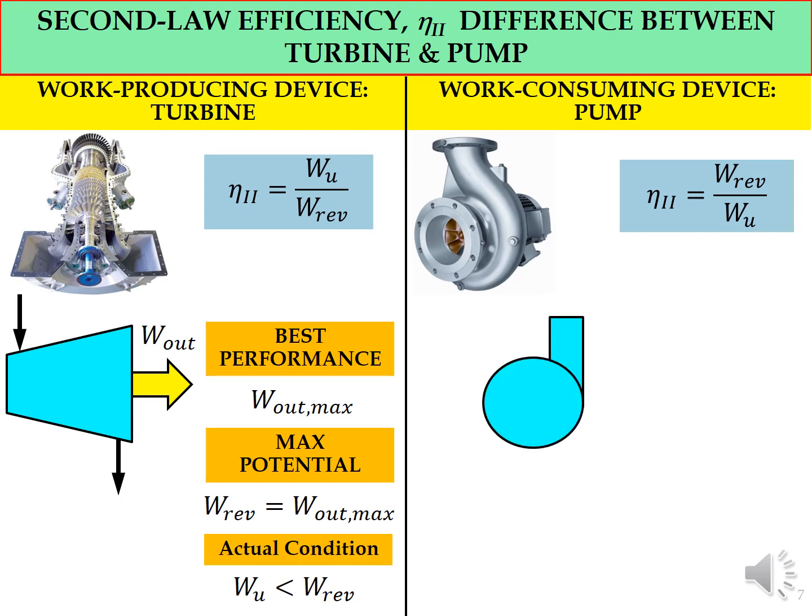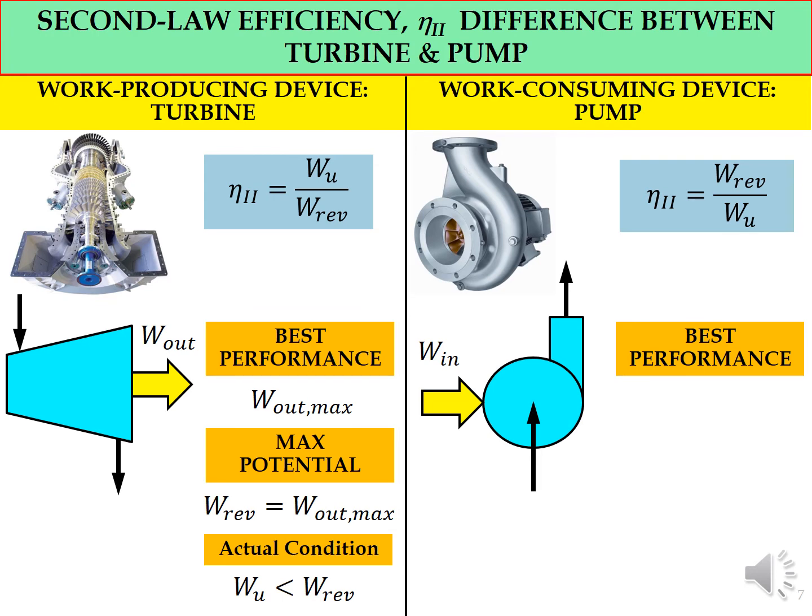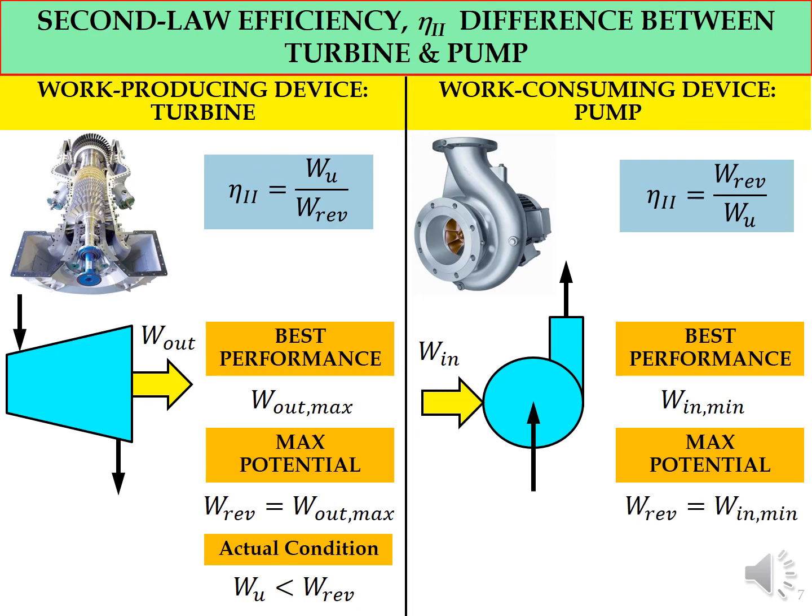Now let's look at the work consuming device, the pump. This is the in and out, and then work in. So what is the best performance? For the pump, we need the lowest work in as the best performance. The max potential is the reversible work, equal to the work in with the minimum value.